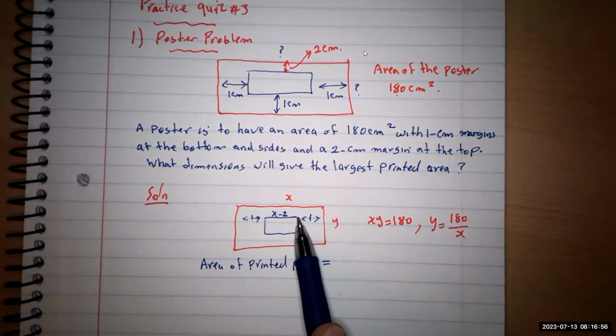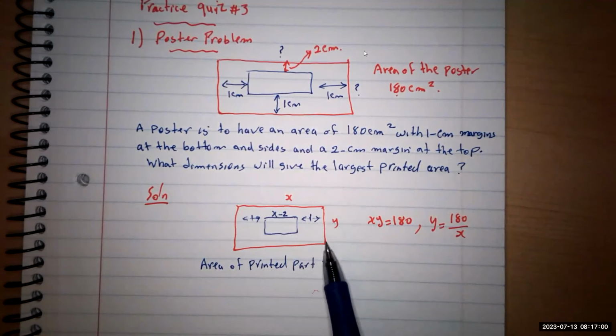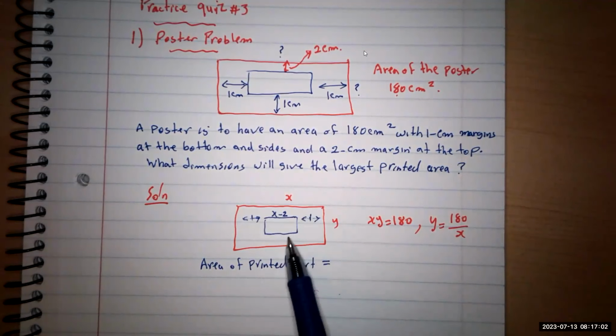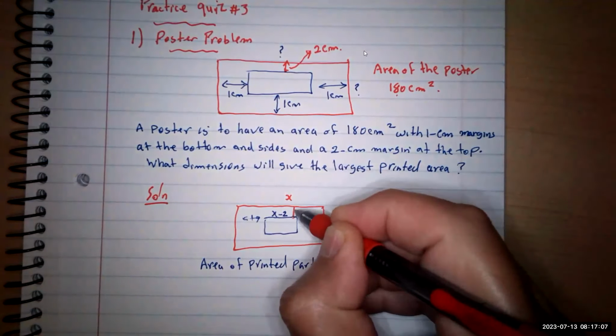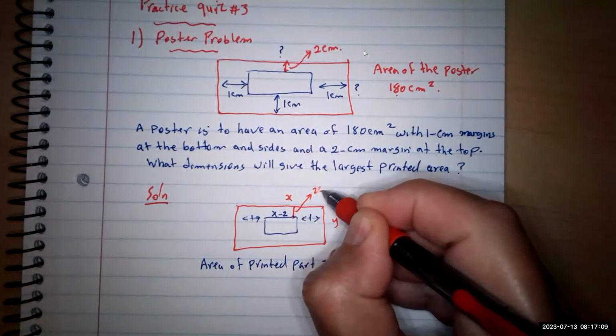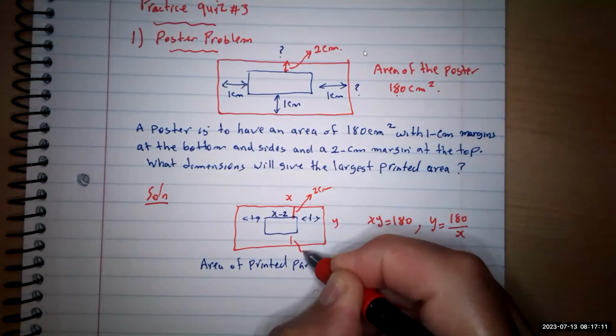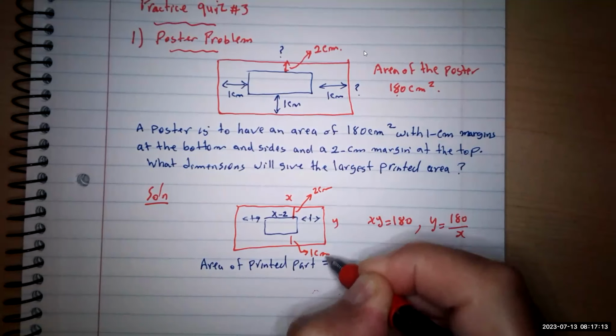Now, how about this other part? The big one is y. What is the margin to the top and the bottom? Remember, the margin to the top is 2 centimeters, and the margin at the bottom is 1 centimeter.